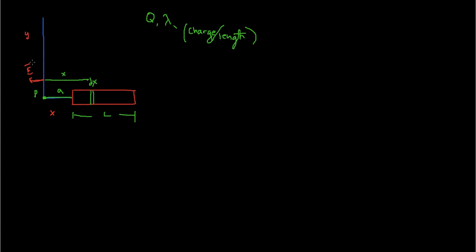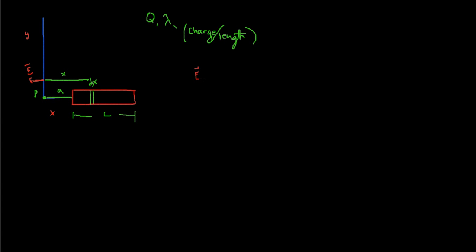So we need to understand that the electric field is changing because the rod has a length, it's not a point charge. So we need to create a relationship between the changing electric field and the changing distance. So we can start step one by just defining the electric field itself.